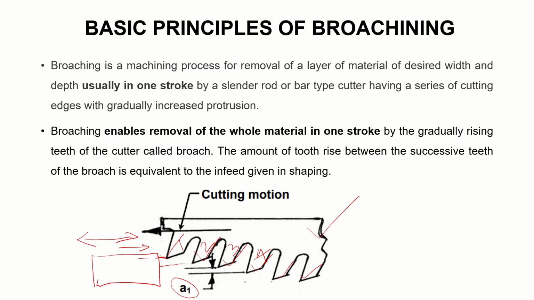And one of the main important advantages of broaching is that it can remove the material at a single stroke, because since the teeth are arranged like this, at a single stroke it can remove the desired amount of material, whereas in shaping and slotting or planing we need to move the tool repeatedly, and again the amount of material removed will be more in broaching. So that is basically broaching, and this is the broaching tool.